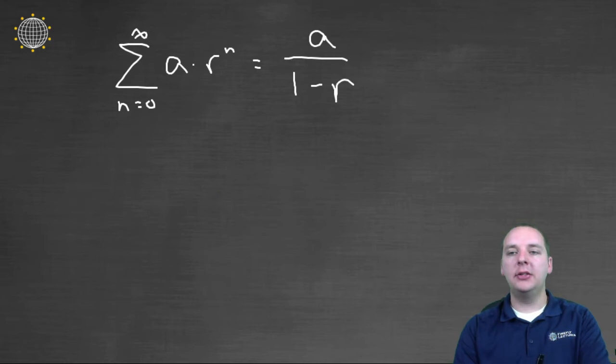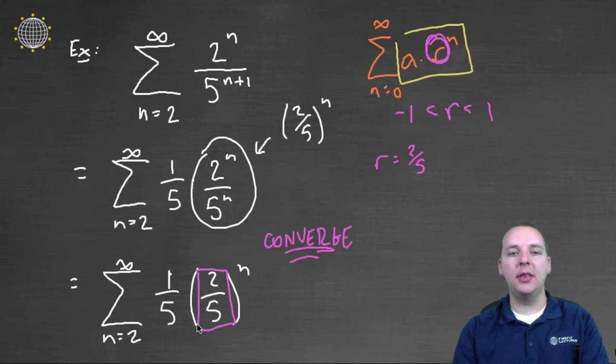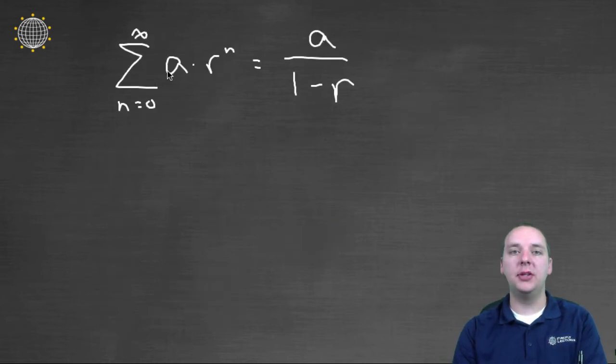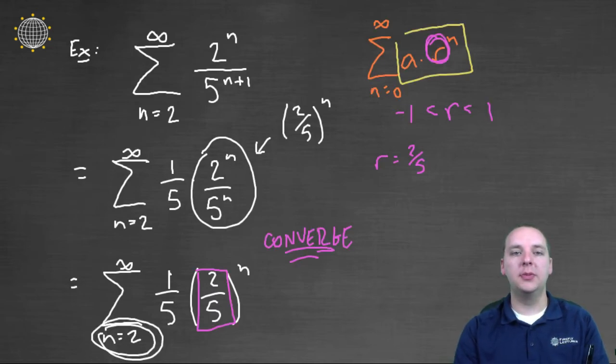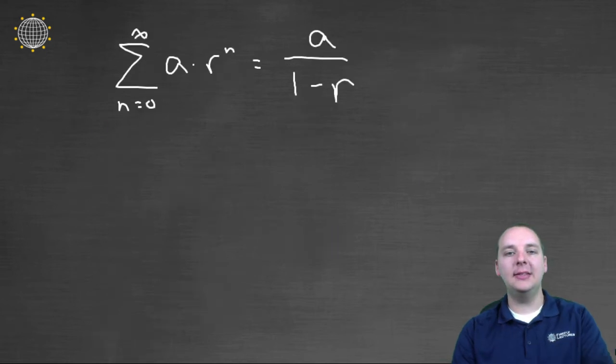All right, now ours is kind of like that, but there is a big difference. Do you see the big difference between our series and a true geometric series? Hopefully you noticed that ours doesn't start at 0 like it's supposed to. Now what I can say is this.